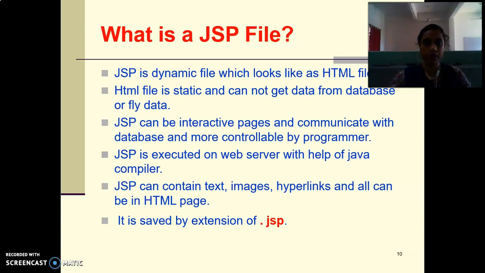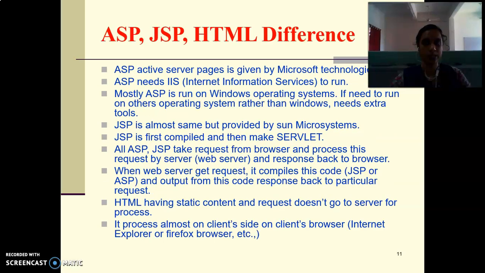Before this advanced technology of JSP came up, we had ASP, that is Active Server Pages, which is also given by Microsoft Technologies, and ASP needs IIS, that is Internet Information Services, to run.